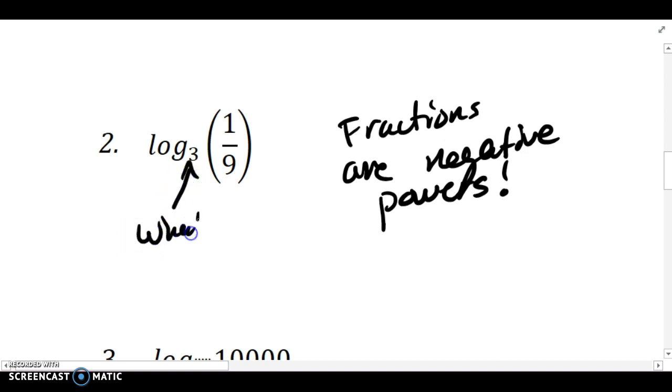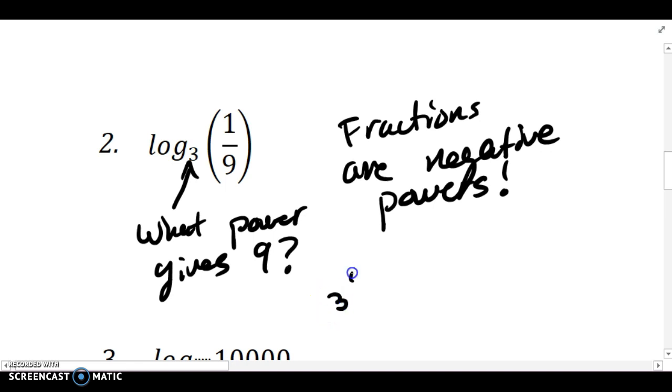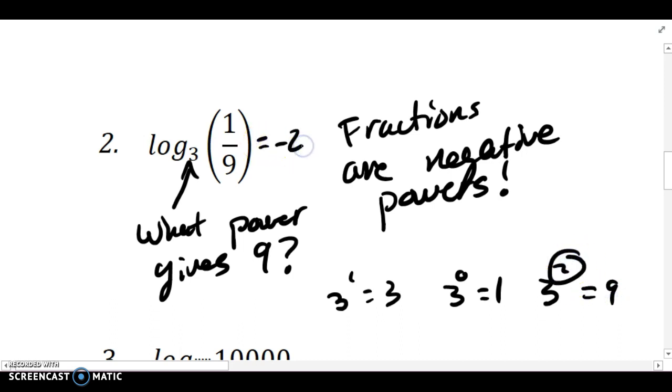So what power gives 9? I'll probably do an extra example here too after this. We have 3 to the first power is 3. 3 to the 0 power is 1. 3 squared is 9. So 2. So this is going to equal negative 2 because it's a fraction.